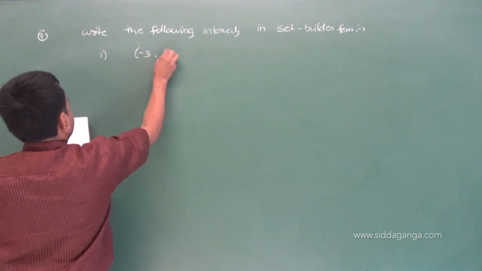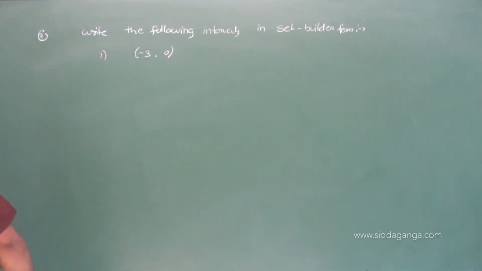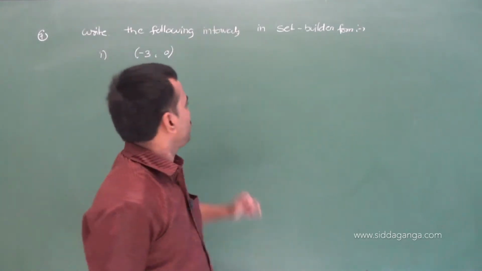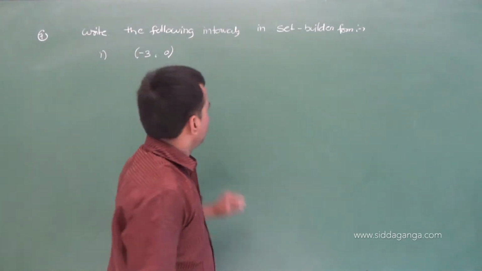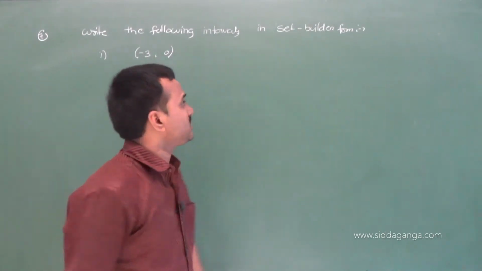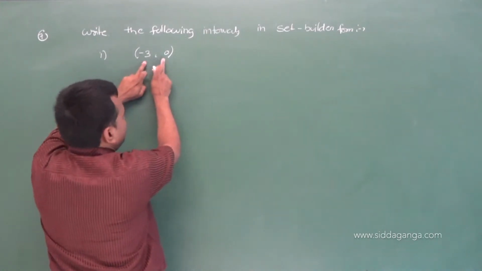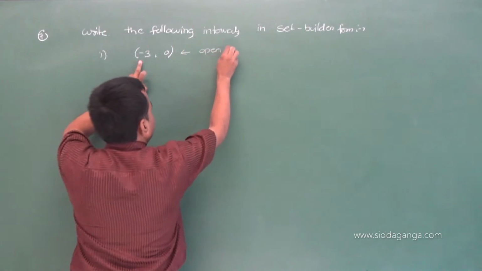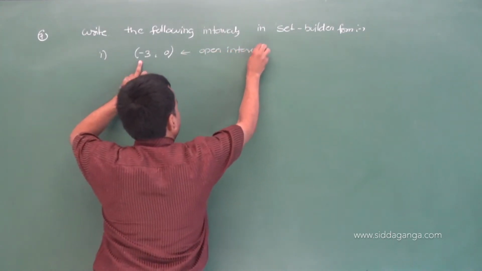Minus 3, 0. In previous problems, he has given in set builder form, we write the intervals. Here he has given in intervals form. What do we write? We write in set builder form. Minus 3 comma 0. This given interval is what? Open interval.